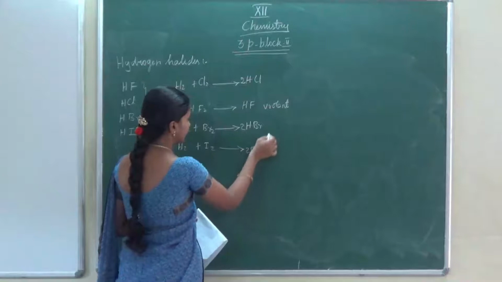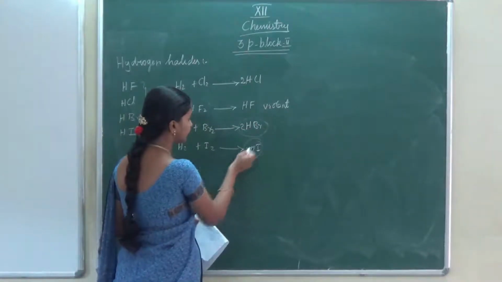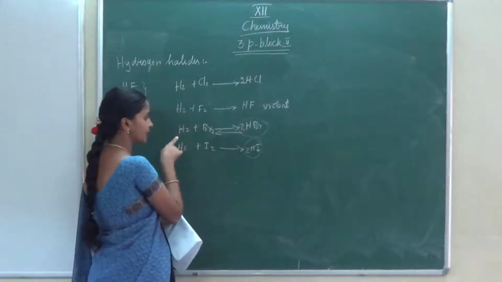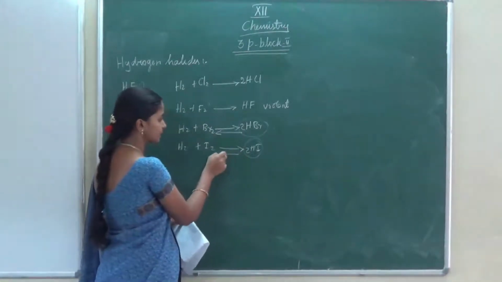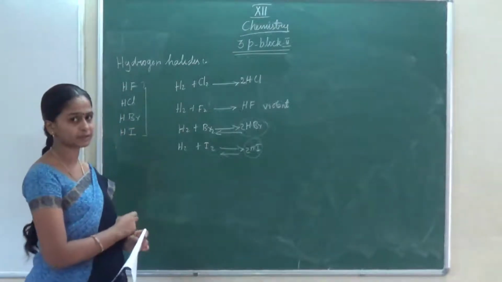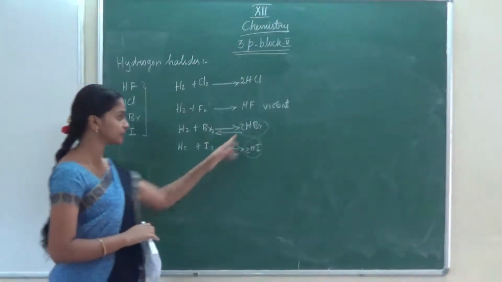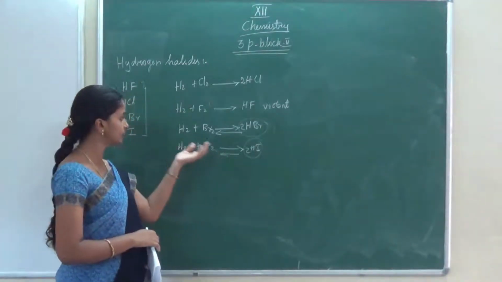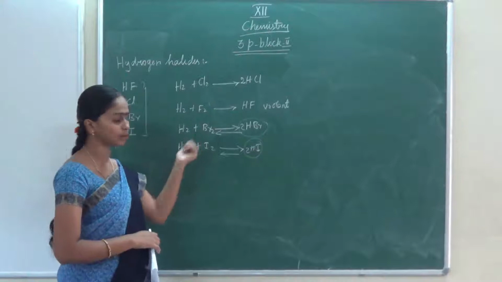But these reactions are reversible reactions. That means it will again decompose and produce hydrogen and bromine, and hydrogen and iodine. So we cannot get pure HBr and pure HI. We will get a little amount of hydrogen and bromine also.